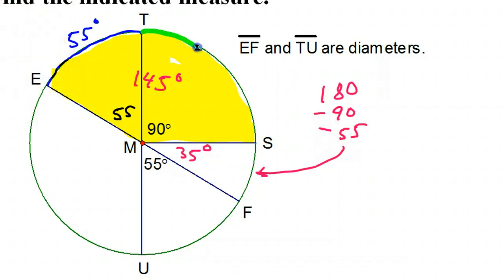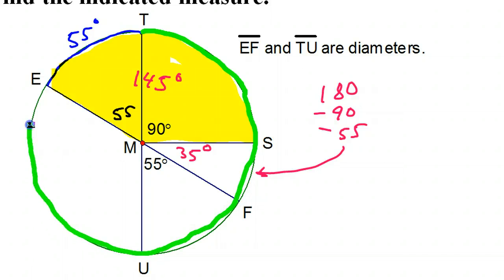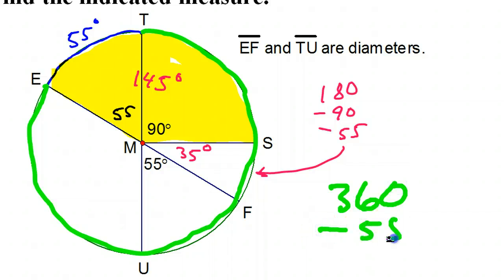Arc TFE goes from T to F all the way around and back to E. All right, that's the entire circle except for the 55-degree part. So I could just do 360 minus 55, and that would do it. So let's see, 360 minus 55, that is, well, I didn't need a calculator for that, 305.